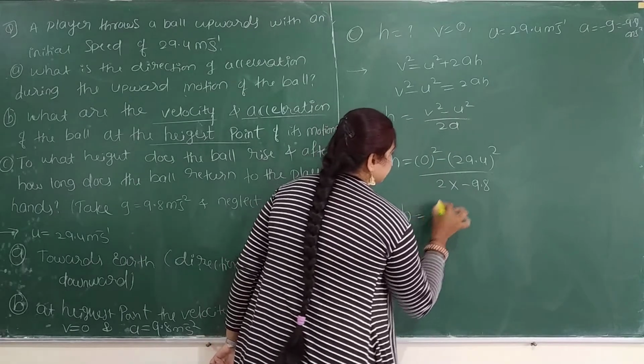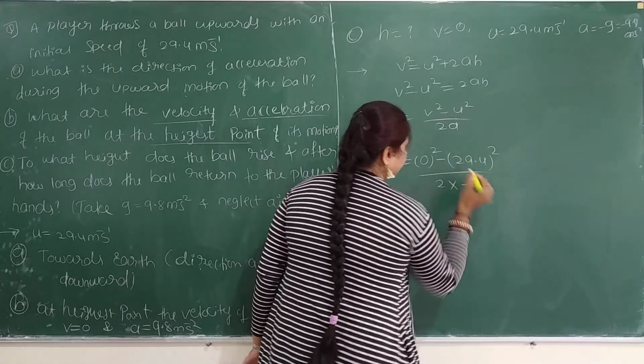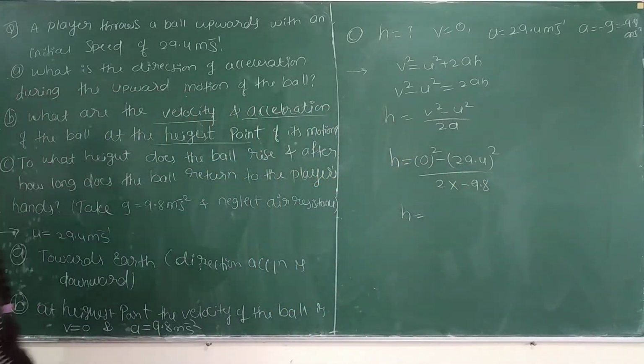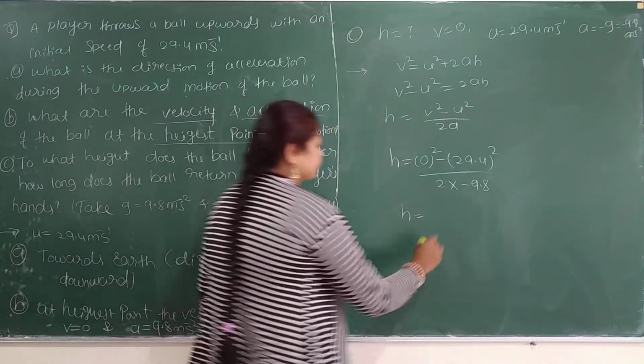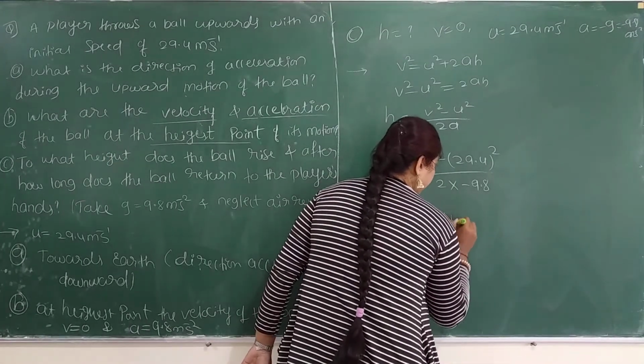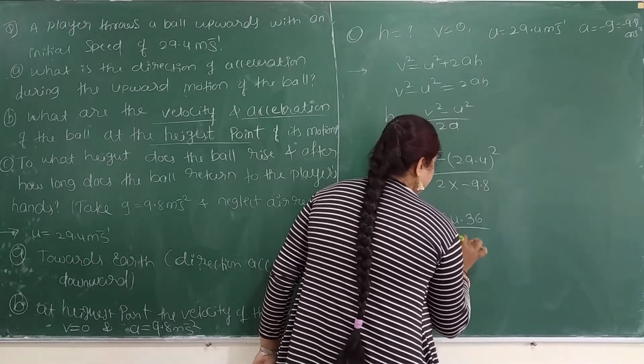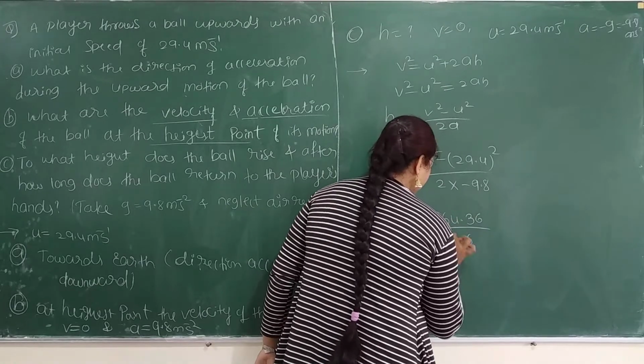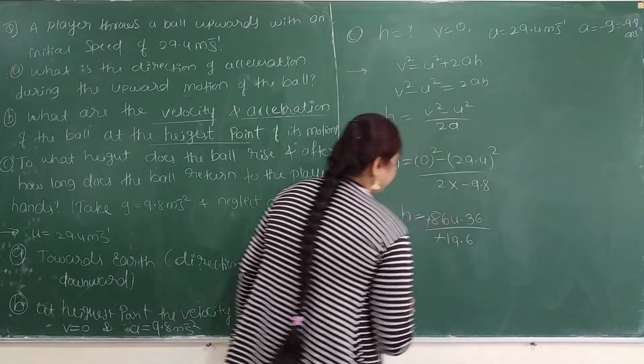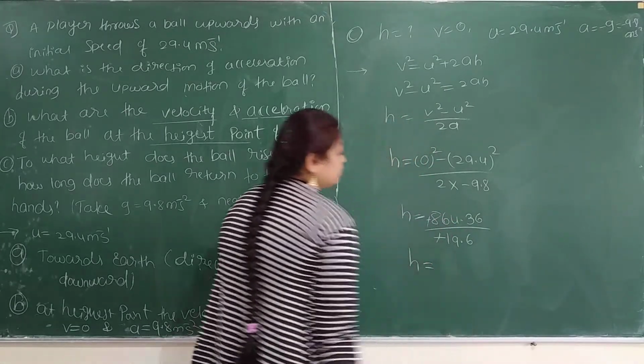So calculate 29.4 square. It will be 864.36 divided by 19.6. Both minus signs get cancelled.